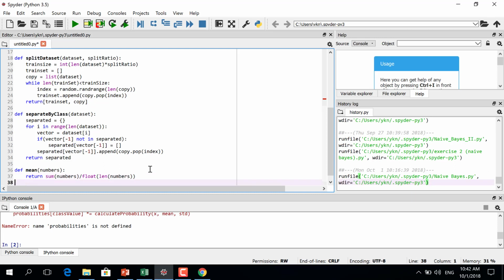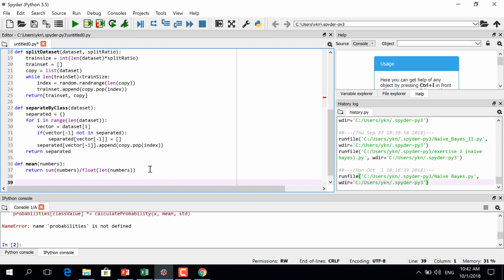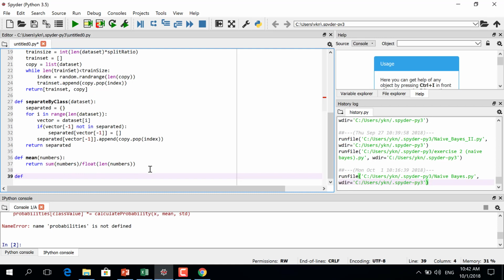All right, so now we have defined our mean, and we also have to define our standard deviation.